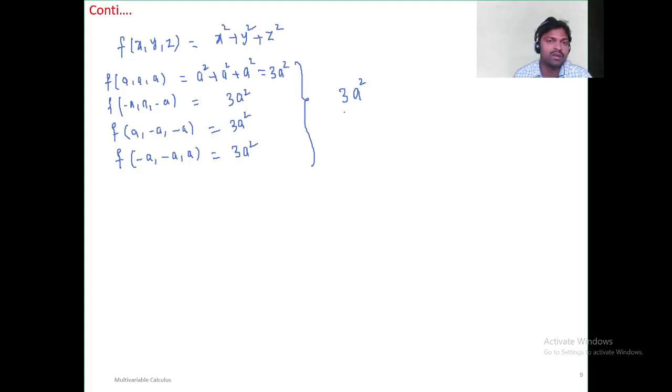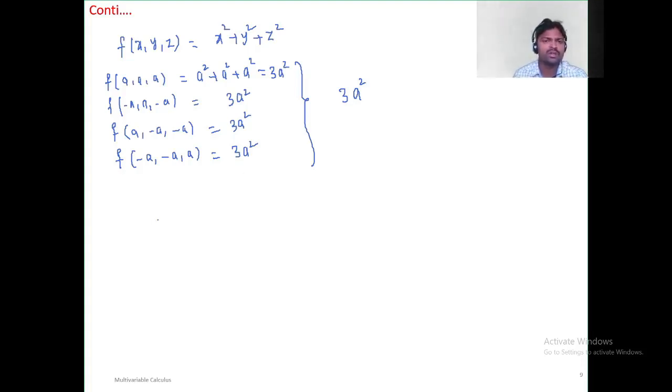I cannot say which is maximum and which is minimum unless I know the function values. In the first problem, I got critical points, substituted in the function, and got a few values: plus 5, minus 5, minus 1.2, plus 1.2. Among those, the maximum I took was 5, therefore that was a maximum. But here I got only one value, 3a square, and we don't know if it is a maximum or minimum. Now we have to decide.